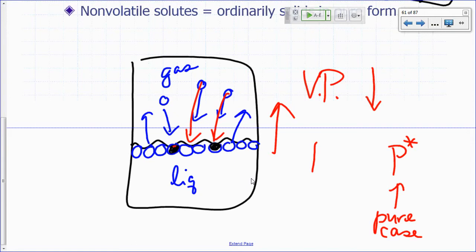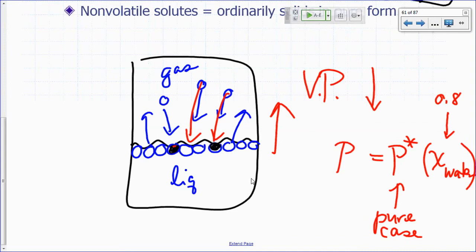So you only now have 80% of the takeoff sites available for takeoff. So multiply P star by the mole fraction of the water, which in this particular example is only 80% now. That would be the new vapor pressure of the water.